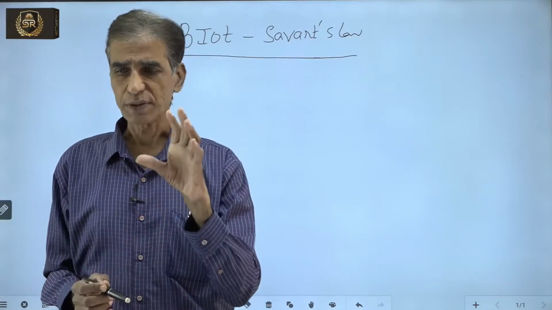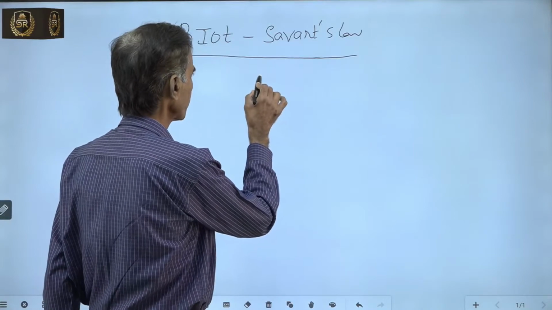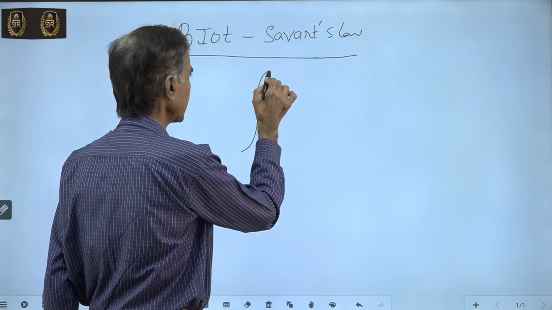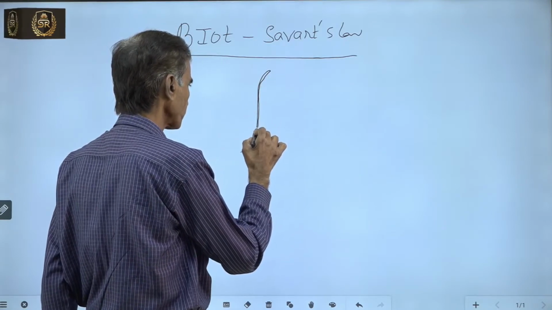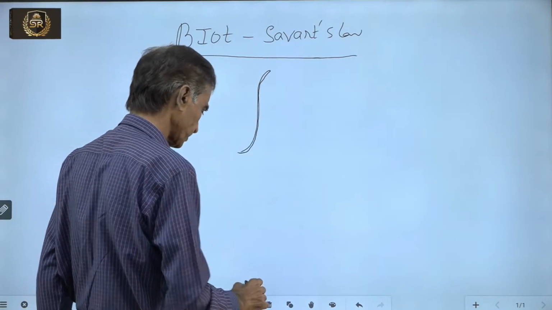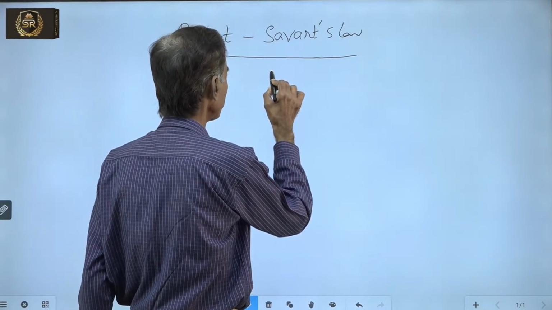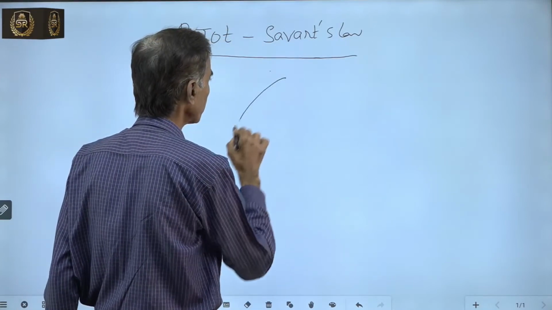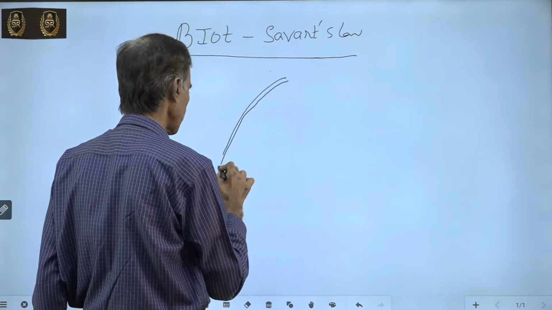Now we take one conductor carrying current. Suppose this is a current carrying conductor; don't join both ends. For clarity, I am taking a somewhat thick wire.